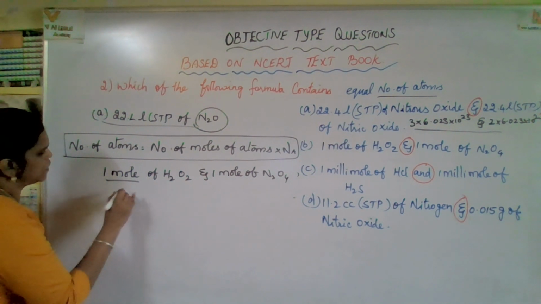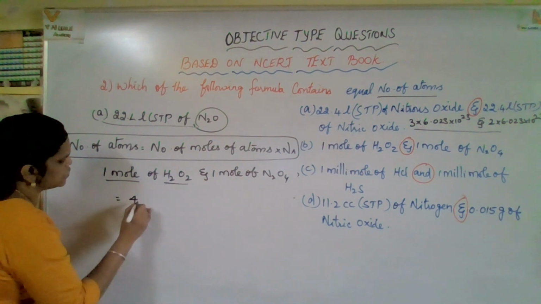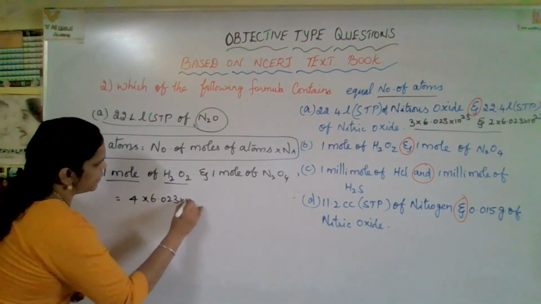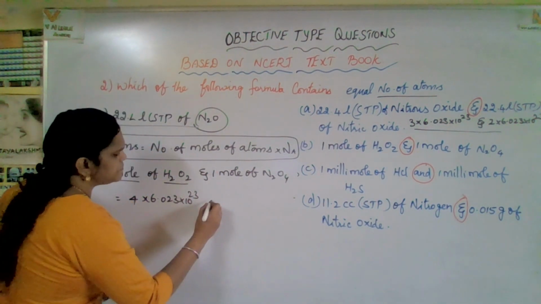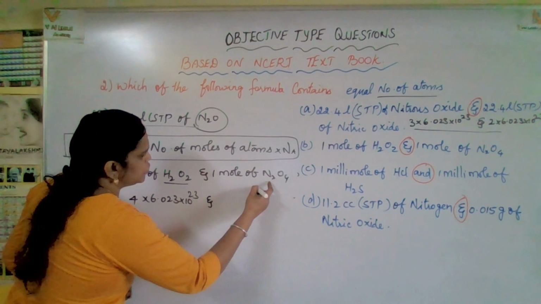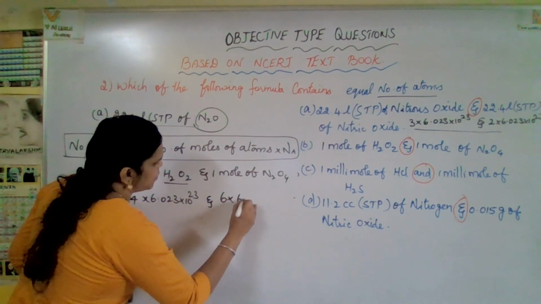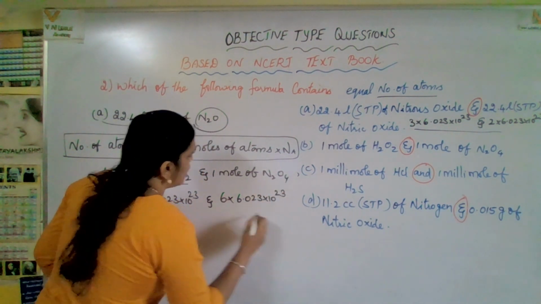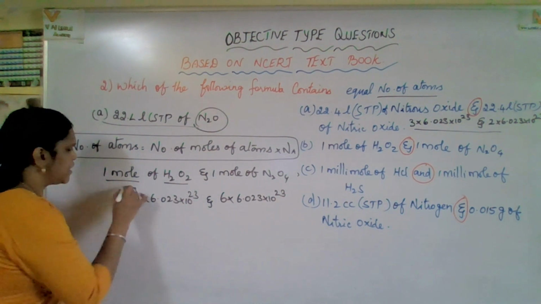Here, how many atoms are available? 4 atoms, 2 plus 2, 4 atoms × 6.023 × 10^23 atoms. In the same way here, 2 plus 4, 6 atoms × 6.023 × 10^23 atoms. So this also is not equal.